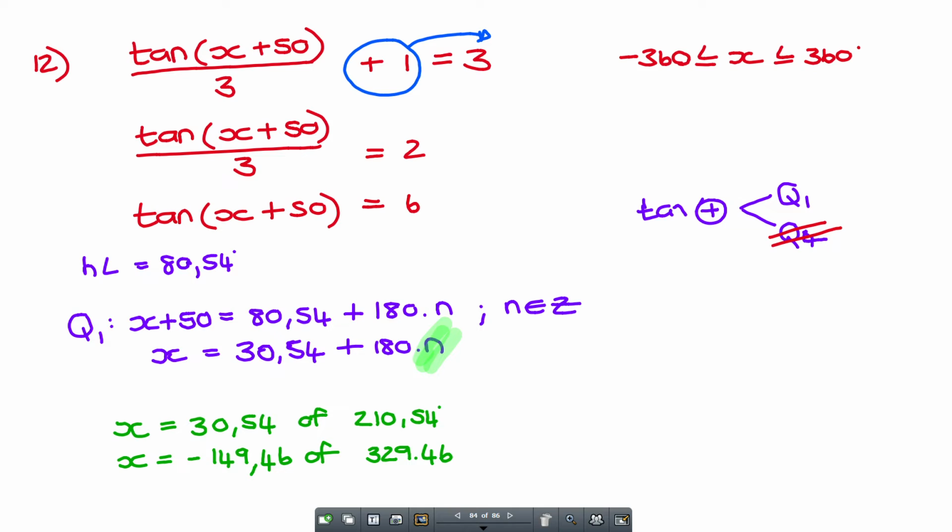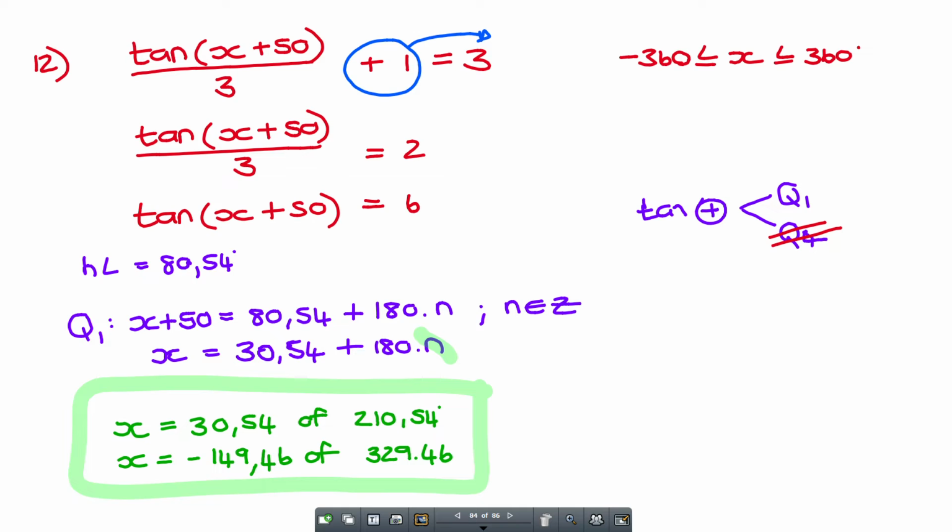Okay, so if I substituted in those n values, you would see that the only angles possible would be 30,54, or if I make n 1, then I get 210,54 degrees.